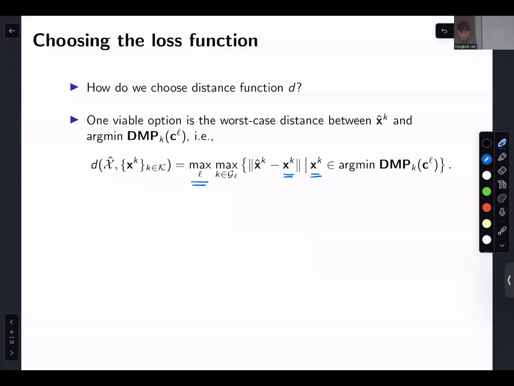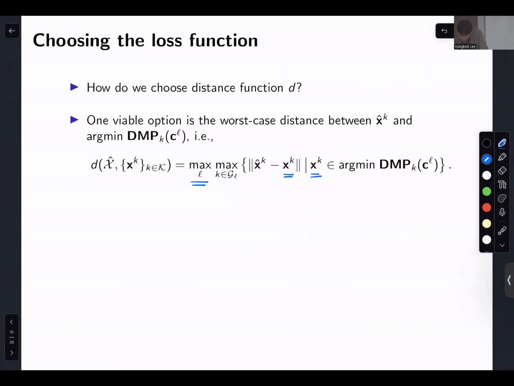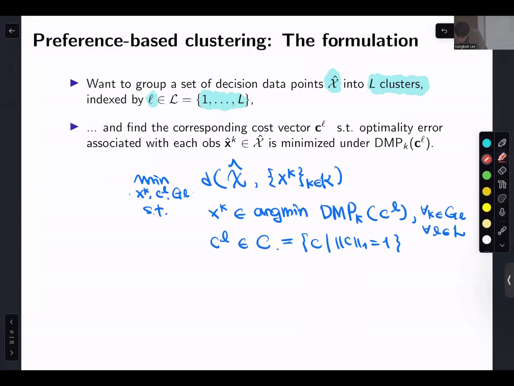When the decision-making problem, this guy, is an LP, well, if this is a convex problem, of course, you can replace everything with KKT conditions. What that means is, if all DMP problems, the decision-making problems, are LPs, you can replace the argmin part with the LP optimality conditions.